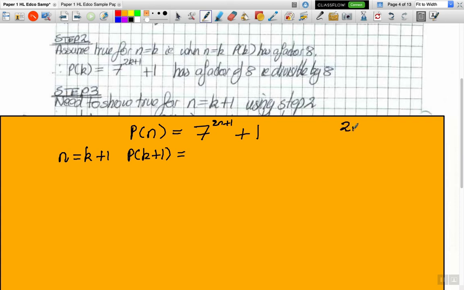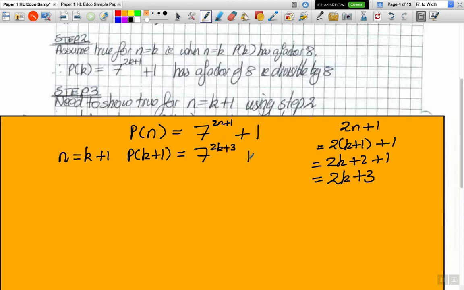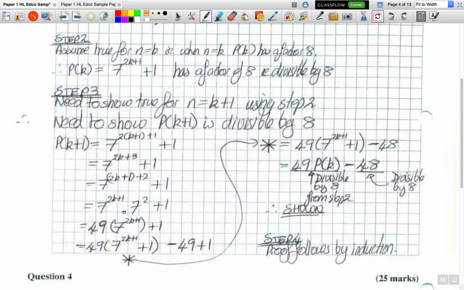Now it's best if you go off to one side and do the working out. So n is now equal to k plus 1, so we're going to have 2k plus 2 plus 1. So we're going to end up with a formula which is 2k plus 3. Let that sink in. So we're going to end up with 7 to the power of 2k plus 3, and then plus 1. When we go down and reveal this, that's what you're going to see.